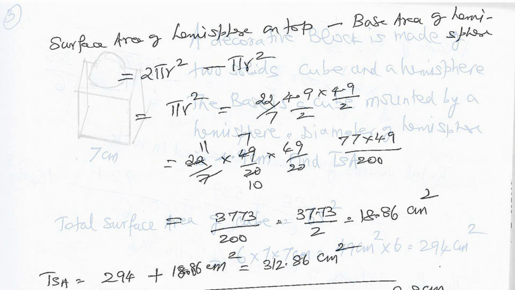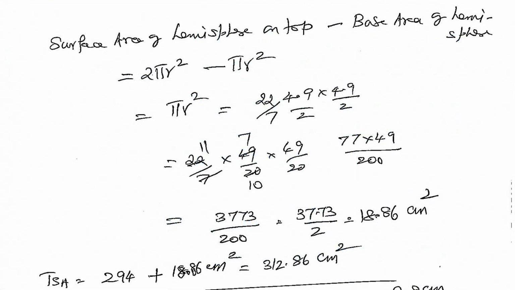to 294 centimeters squared. Surface area of the hemisphere on top minus base area of hemisphere is 2 pi r squared minus pi r squared. That is pi r squared. So surface area of hemisphere on top, we need to add this pi r squared to the surface area of cube.